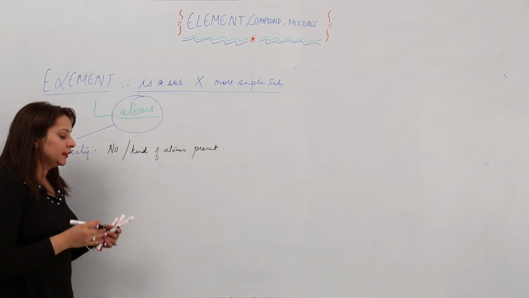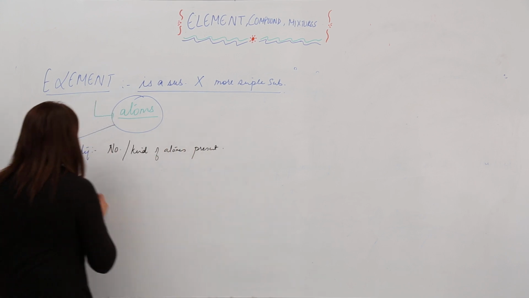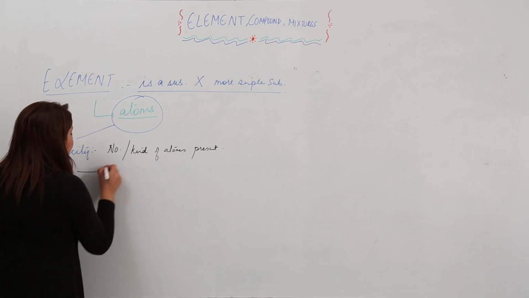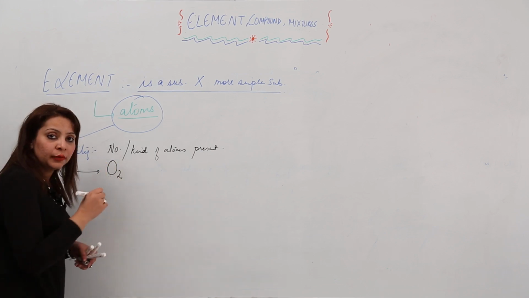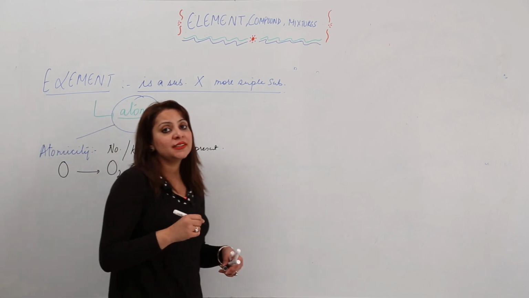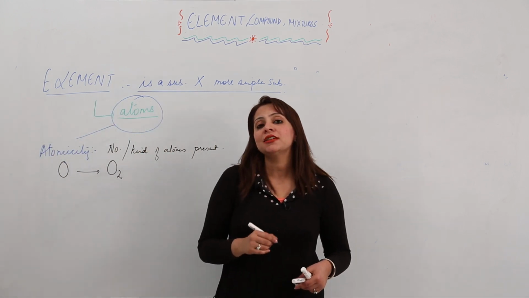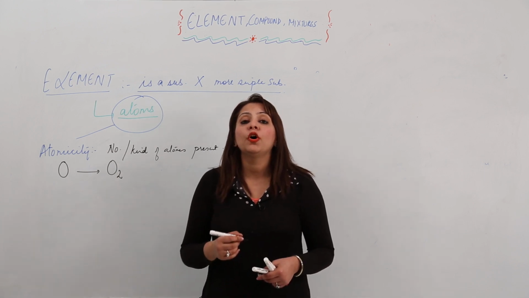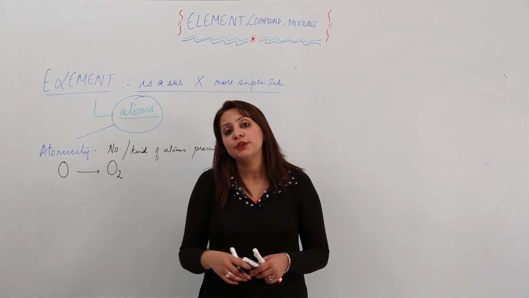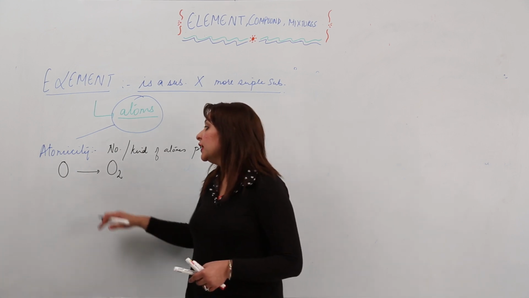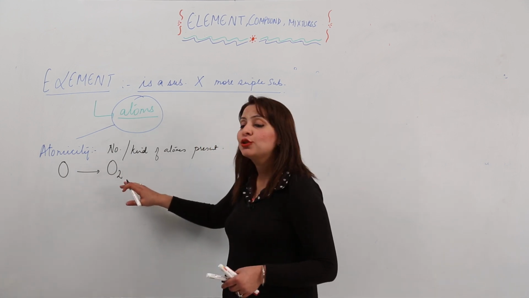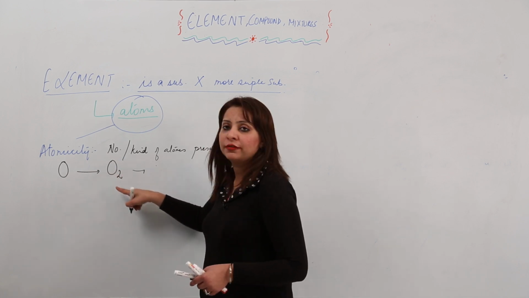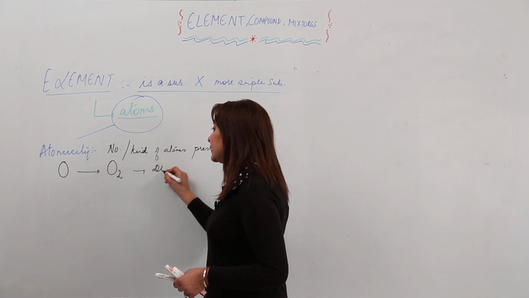If you take oxygen, it does not occur in nature as O, it occurs as O2, because at room temperature the stable state is the gaseous state, and in the gaseous state it is formed by the combination of two atoms which combine to form a molecule. So the atomicity of oxygen is 2. As it contains 2 atoms, it is diatomic.